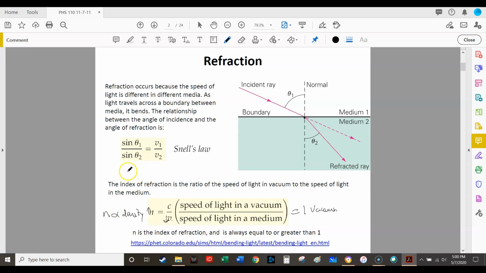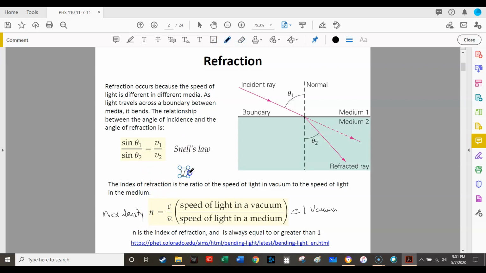So Snell's law becomes this. I'm going to make a relationship here.